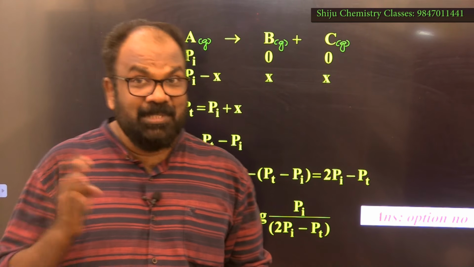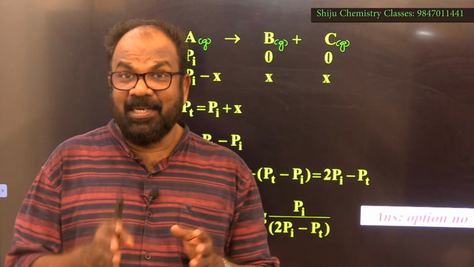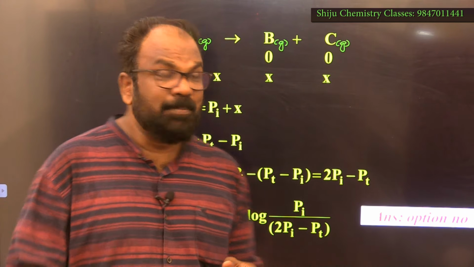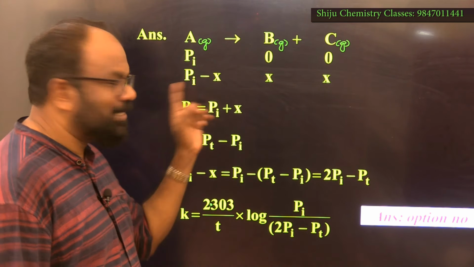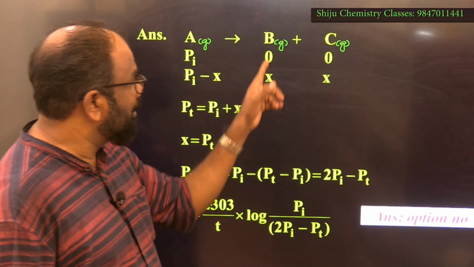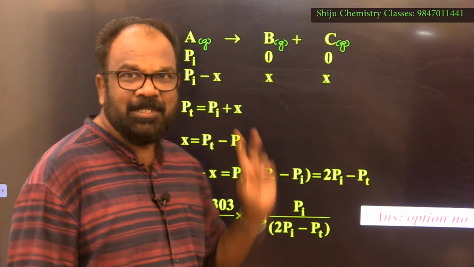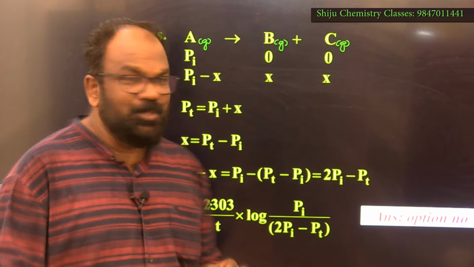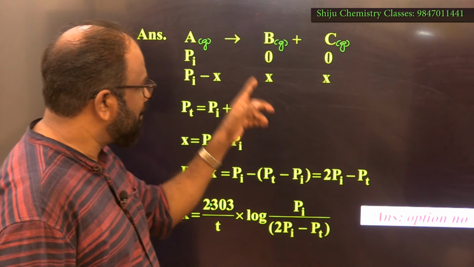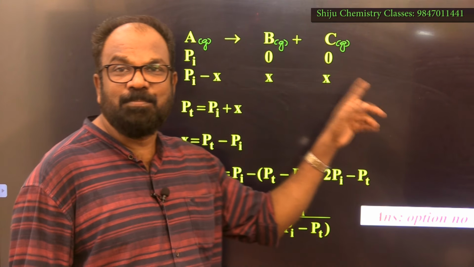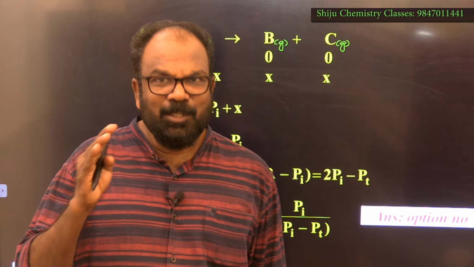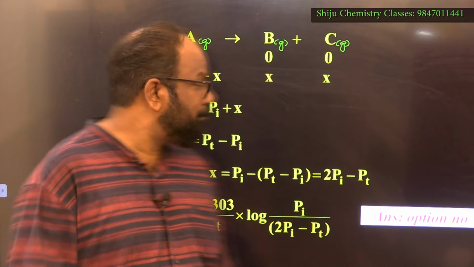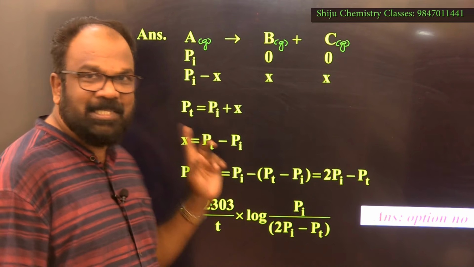Then after a time t, suppose the number of moles of A reacted is equal to x, then the final pressure of A becomes Pi minus x. Then the pressure of B becomes x and that of C is also x. Therefore, the total pressure becomes Pi minus x plus x plus x, that is equal to Pi plus x. That is the total pressure after a time t, Pt is equal to Pi plus x.